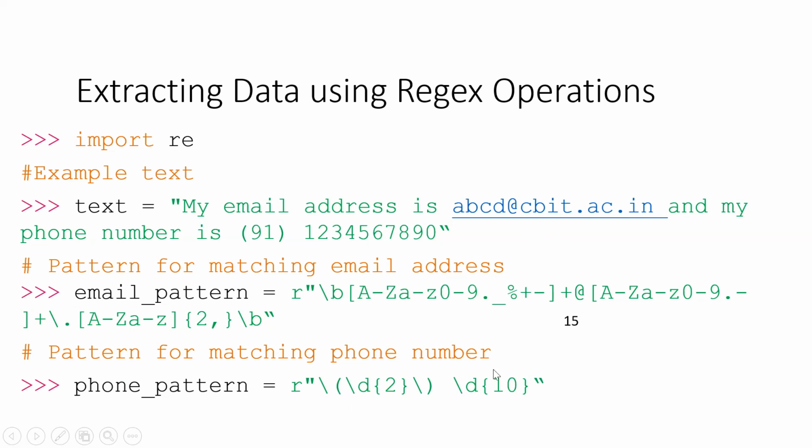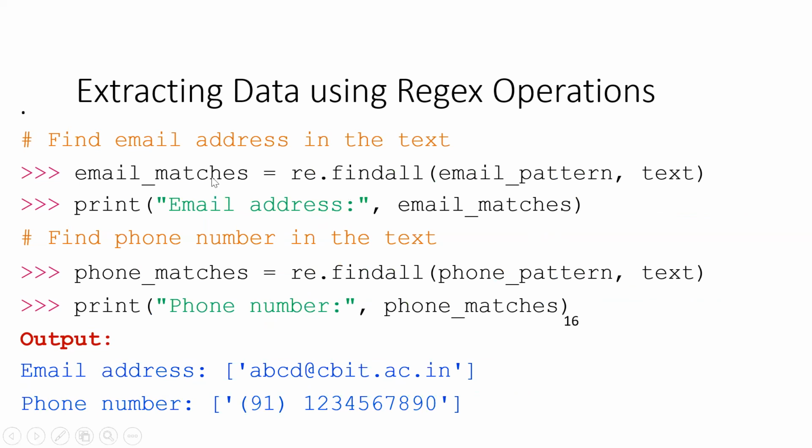Now you have written these patterns, and we'll see how to extract them, and whether we get the email ID and phone number as output from our text or not. How do we extract the data using these regex operations?